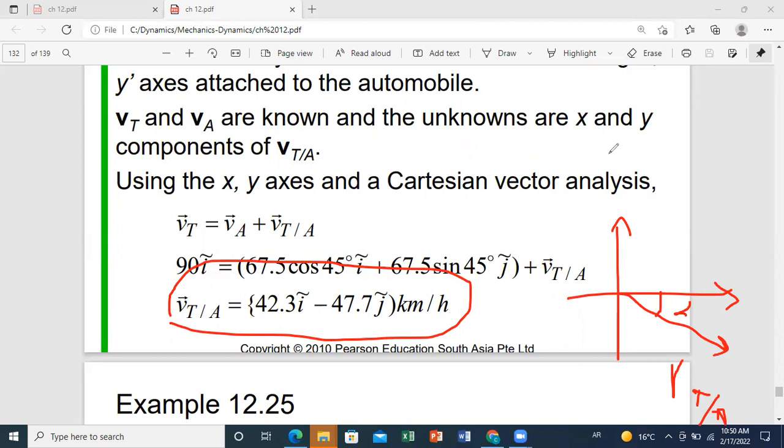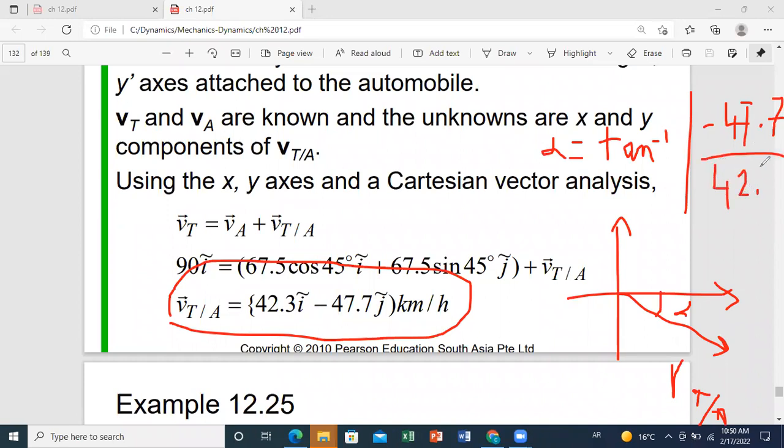Alpha is tan minus 1 of the absolute value, because here I have a negative sign, so I just take the absolute value of minus 47.7 over 42.3. In this way, I get my angle alpha, and I will be done with the velocity of the train relative to the car.